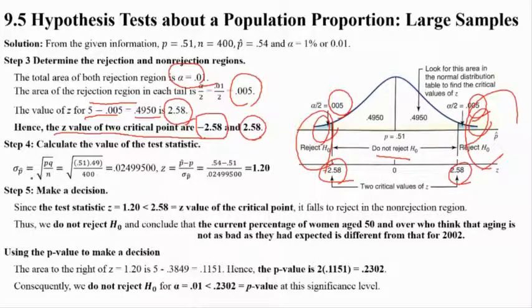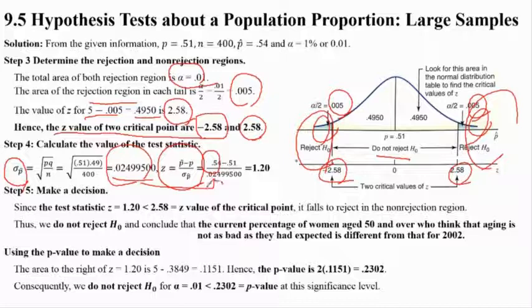Now the calculation. Sigma is the square root of pq over n, where p is given, q is 1 minus p, and n is the sample size 400. For the z value we need the p hat, sample and population proportions, and also sigma from this number.